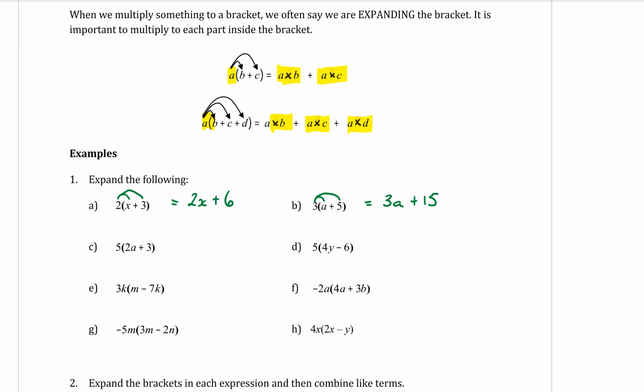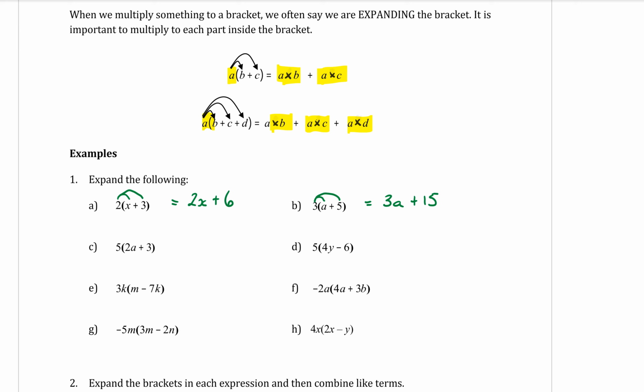Can I add 3A plus 15? No. The answer is no. Why not? Yeah. Because of the letter? That's right. One of them has an A and one of them does not. Remember that they need to be like terms to be able to add them together. So that's as far as we can go with that question.